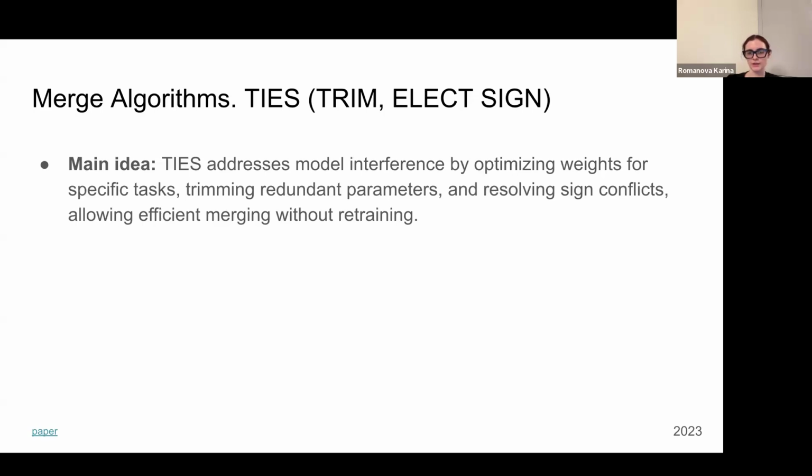TIES resolves this by electing the dominant sign for each parameter, ensuring that the merged model retains the most impactful features from each original model. By focusing on the most influential parameters and resolving conflicts, TIES enhances the overall performance and robustness of the merged model.